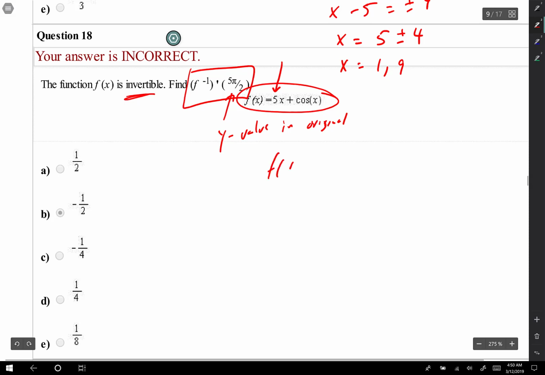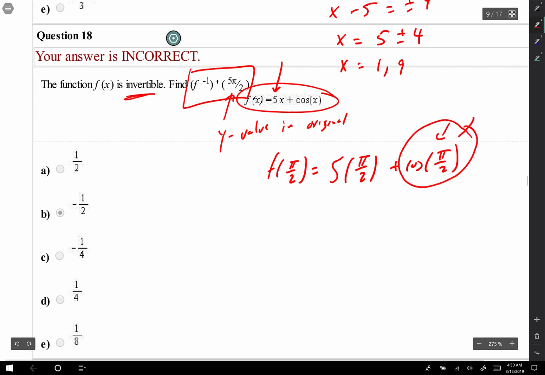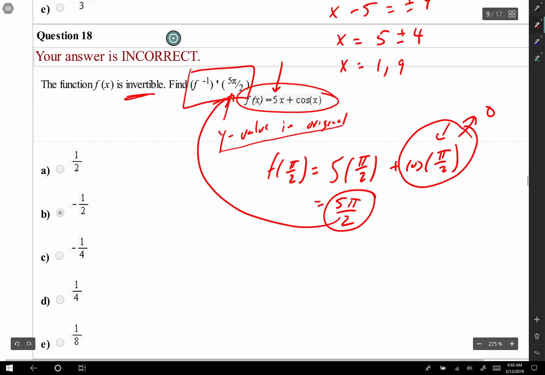Let me show you guys. 5 times pi over 2 plus cosine of pi over 2. Cosine of pi over 2 is 0. So notice when I plug in a pi over 2, I get a 5 pi over 2. Well, 5 pi over 2, that's what they want there. And this is a y value on the original, see, because they want the inverse.